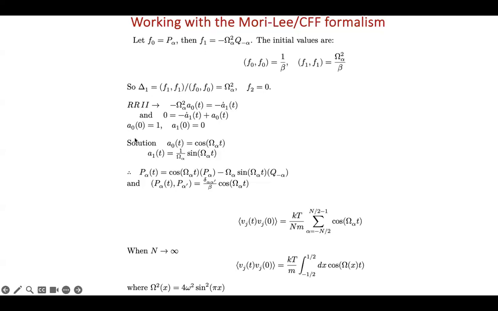So when you solve the second recurrence relation, you ultimately get a solution for each of your normal modes P of alpha. And it turns out that it is cosine of omega alpha t P of alpha minus omega alpha sine omega alpha t Q of minus alpha. So P of alpha(t), P of alpha prime gives delta alpha alpha prime.